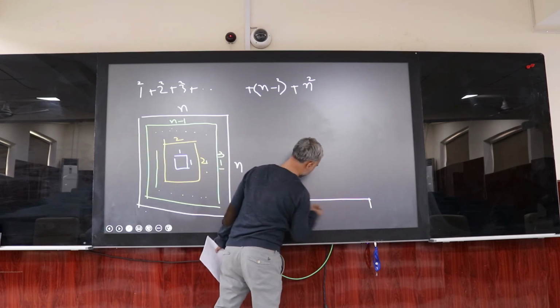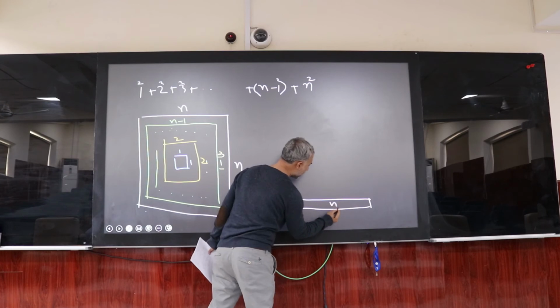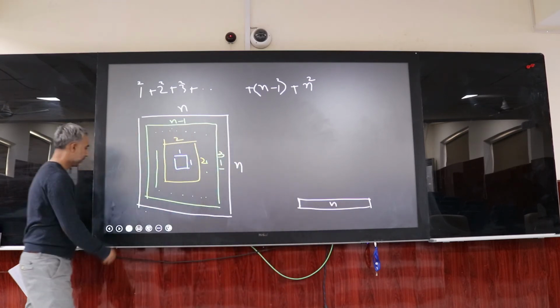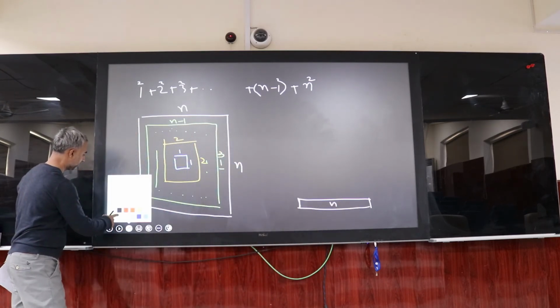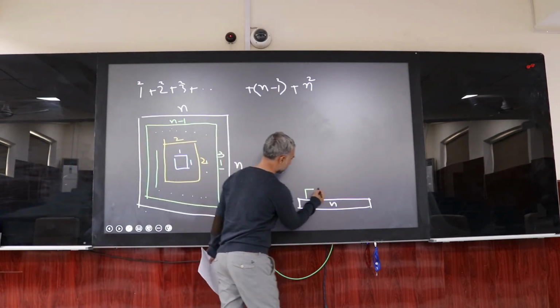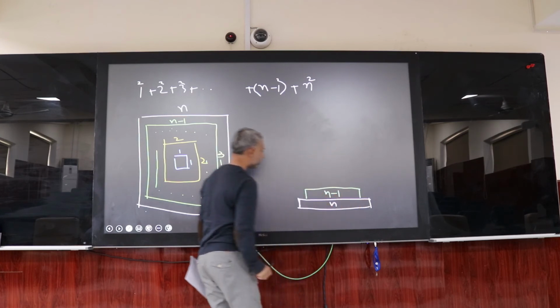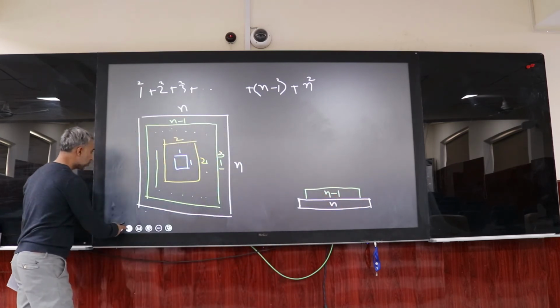This is the side view, and this one is n minus 1. So there are too many scales.